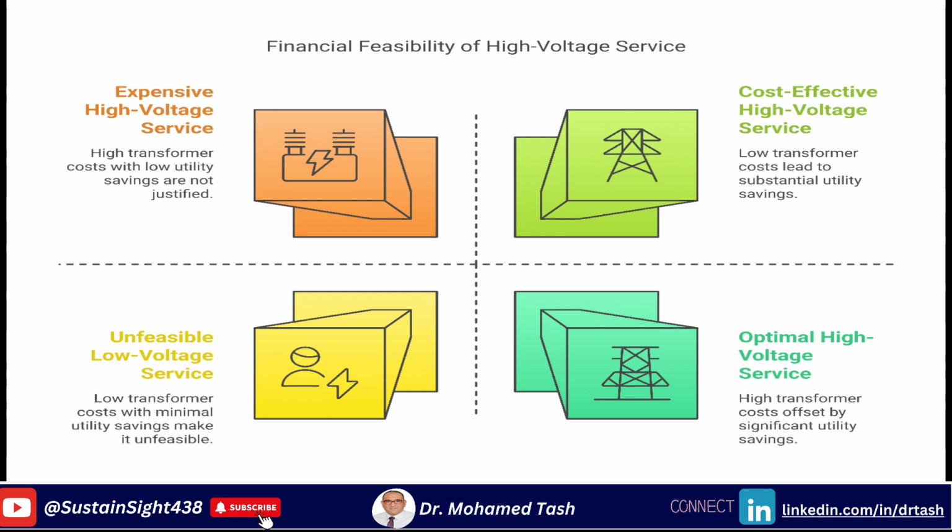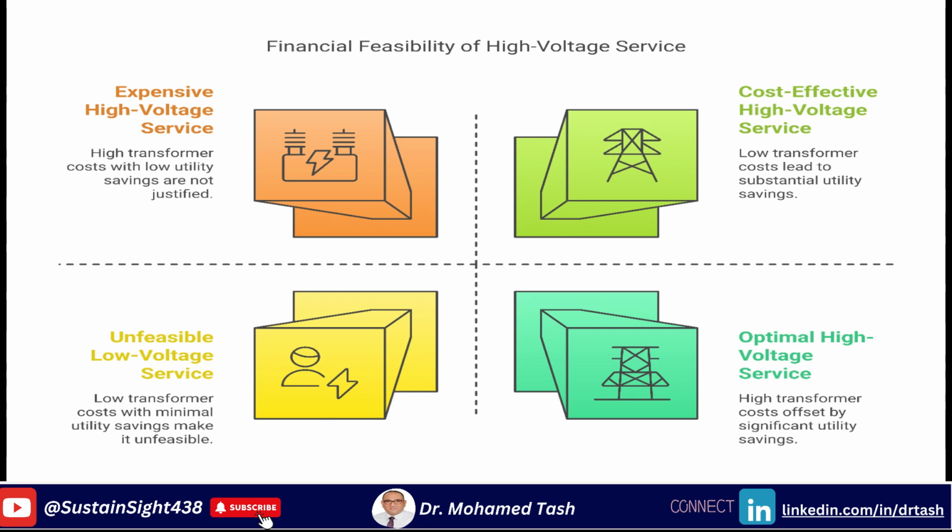Third, service voltage level. Utility companies often offer lower rates for customers who can take service at a higher voltage level, for example, from a transmission line instead of a distribution line. This reduces the utility's infrastructure burden and losses. Fourth, transformer costs.